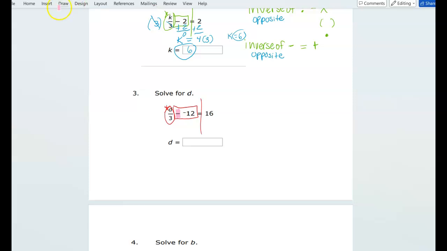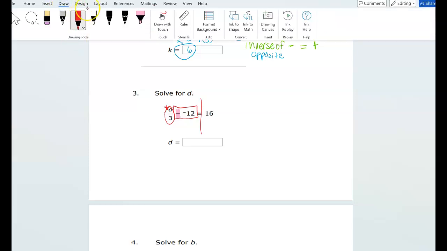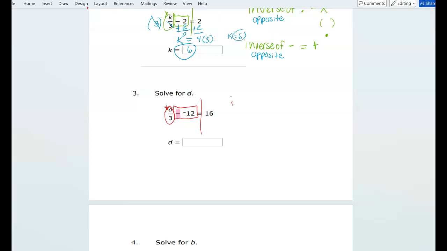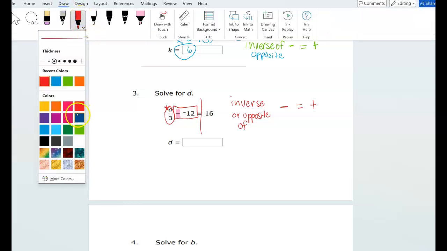Okay, so the inverse or opposite of subtraction is addition, right? So we simply, I'm going to change the color.